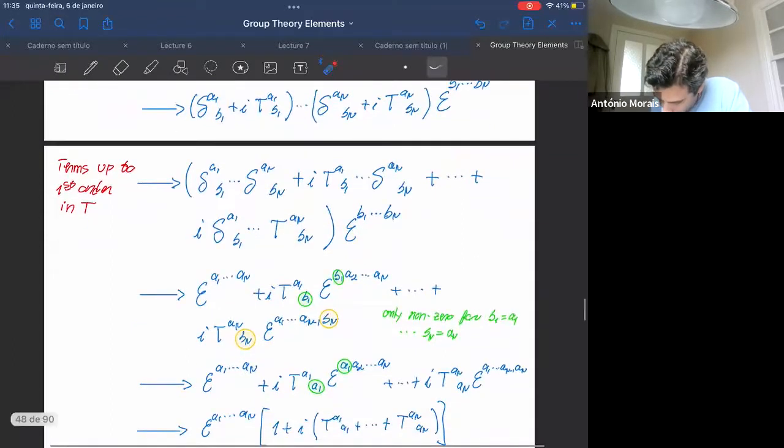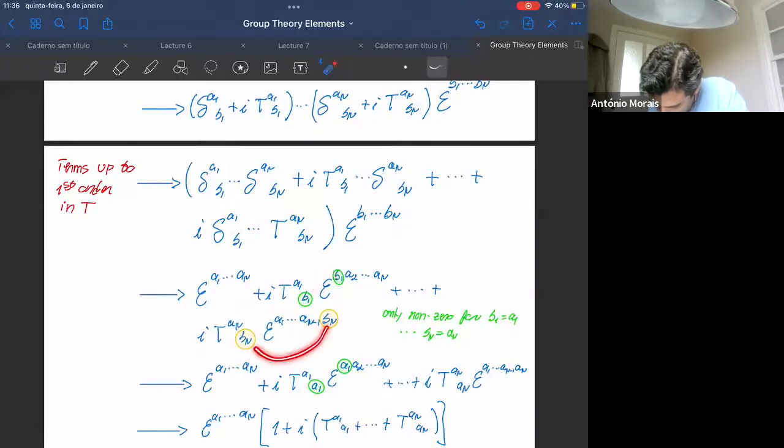The first one is the B1 index contracting here, and so on. And the last one, of course, with a sequence of deltas, becomes the epsilon A1 to AN, the original one. And then we have a sum of t's times some epsilon, where only one index is different. Only one index is basically summed. Here it's the last one, here is the first one.